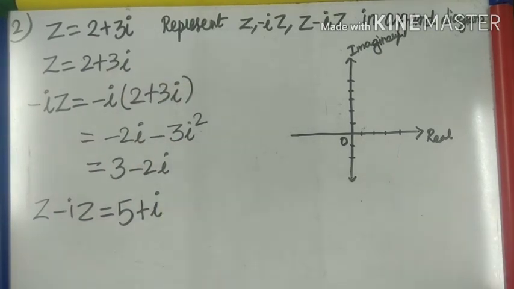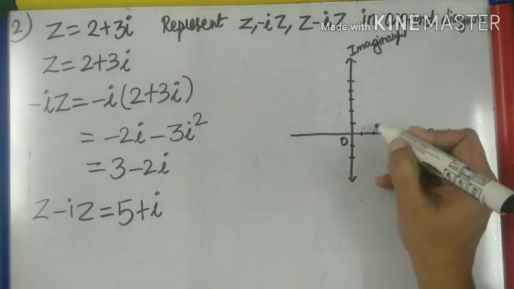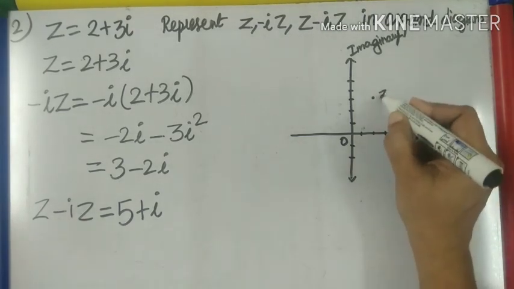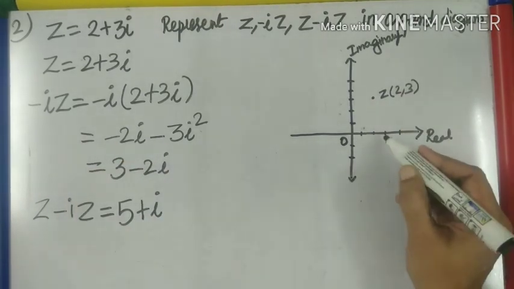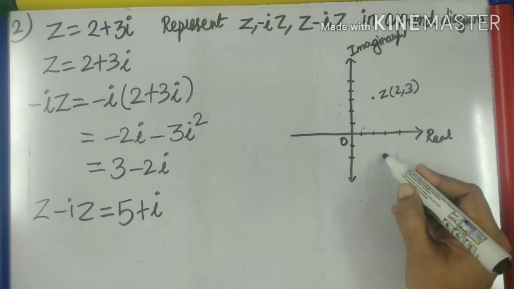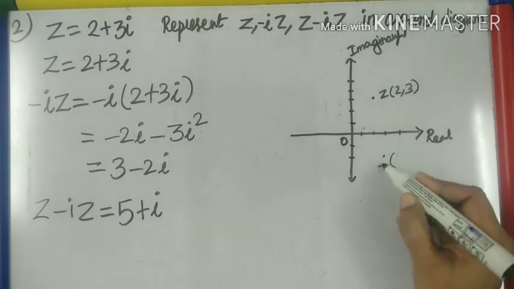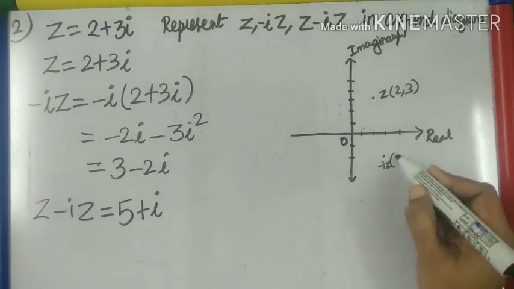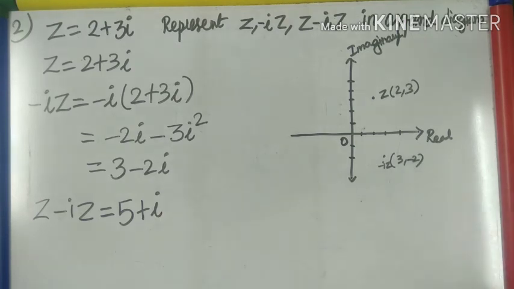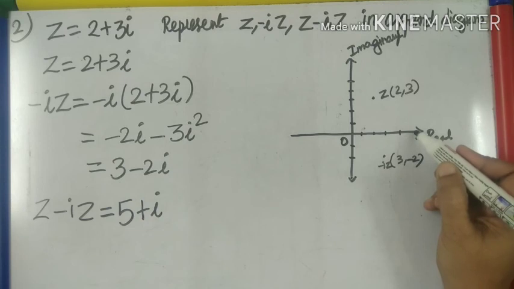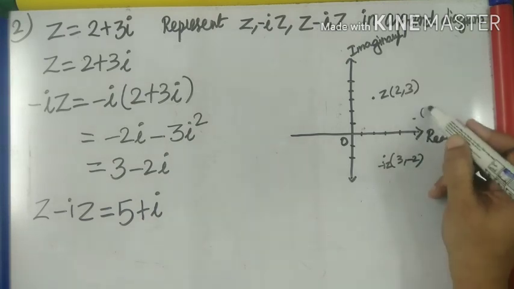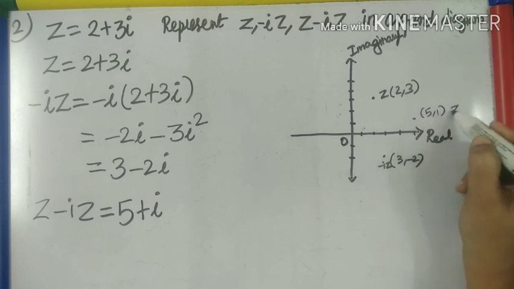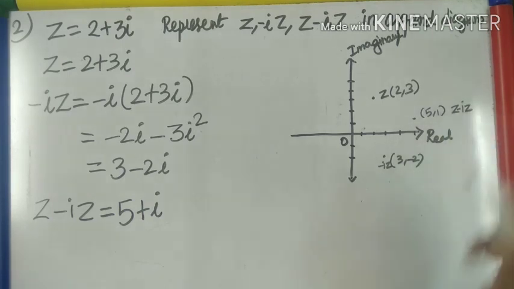We'll mark all this in the diagram. 2, 3. So this will be z, which is 2, 3. Minus iz is 3, minus 2. So this is the point, minus iz: 3, minus 2. And now I want 5 plus i. 5 will be somewhere here. i will be here. That is 1. 5, 1. So this is z minus iz.